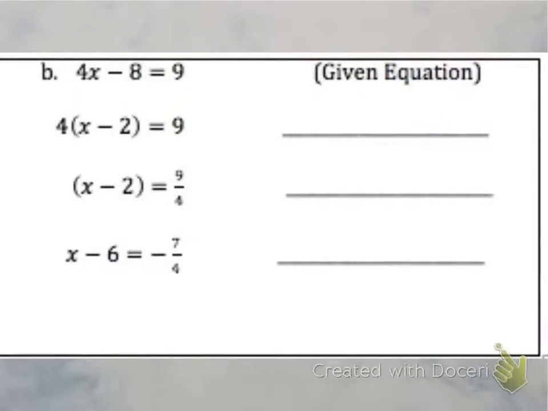In example B, again, we've got our given equation, and we're looking at changing it into the next line. So you're looking at what change occurred from the first equation to the second, and hopefully you notice that on the right-hand side, nothing changed.